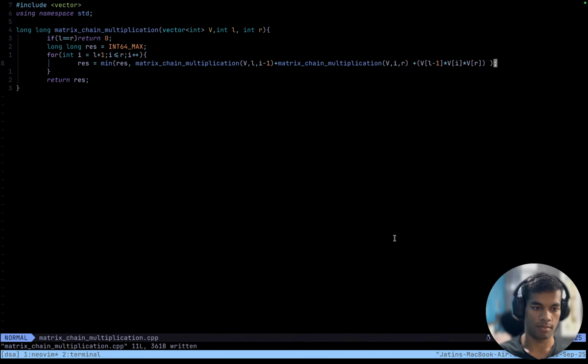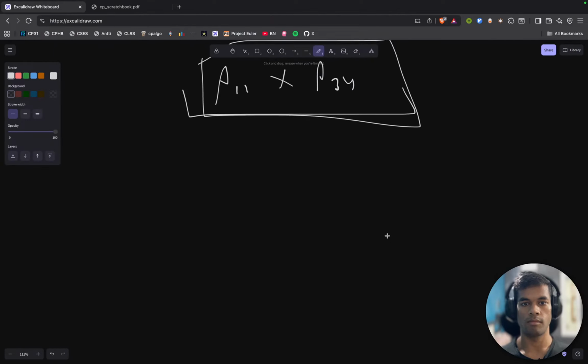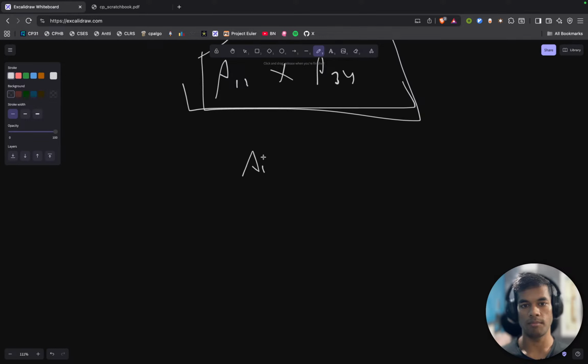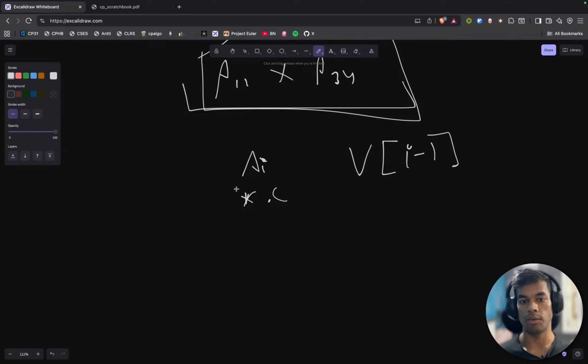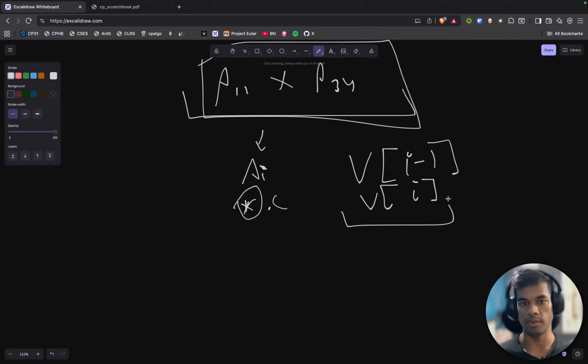Why? Because for some matrix AI, if you want to know its number of rows and its number of columns, we can look in our V vector. V[i minus 1] is going to give us the number of rows in this ith matrix, and V[i] is going to give us the number of columns in this matrix.